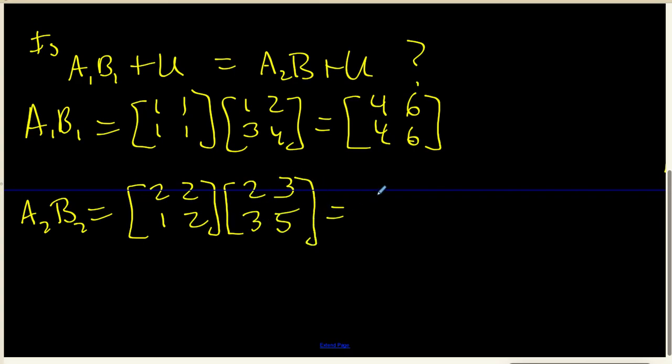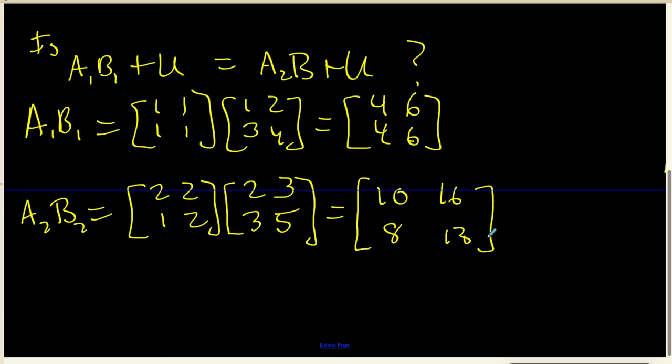And when you do that matrix multiplication, you're going to get, let's see, 2 plus 6 is 10, and we're going to get 6 plus 10 is 16, and we're going to get 2 plus 6 is 8, and then we're going to get 3 plus 10 is 13.